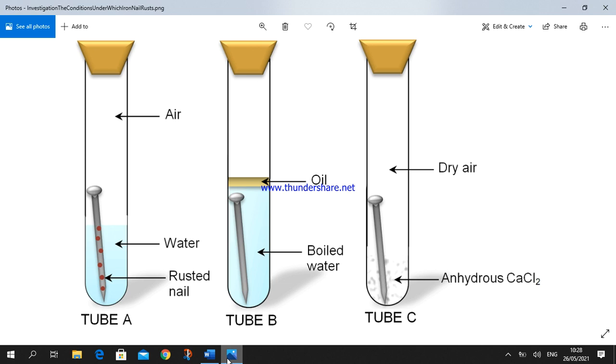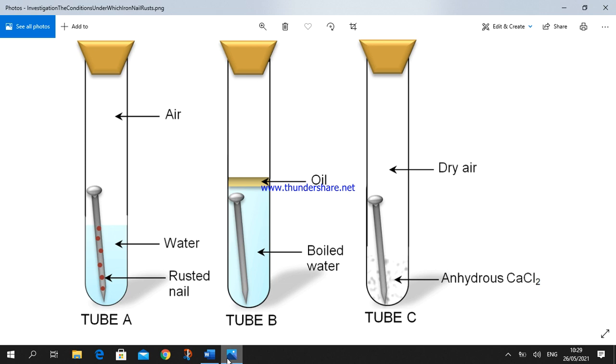We make an experiment. We bring 3 test tubes, tube A, tube B, and tube C. The first test tube, tube A, contains all conditions: water, iron nail, and oxygen. Tube B contains an iron nail and water without oxygen, which is achieved by boiling the water to remove oxygen and adding a layer of oil to stop new oxygen from the air dissolving into it.